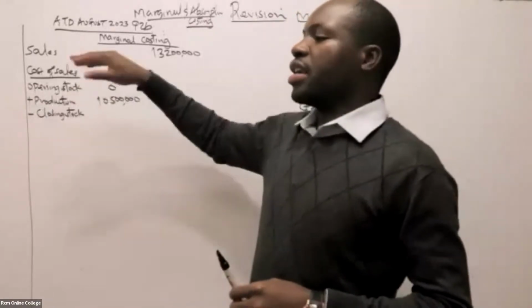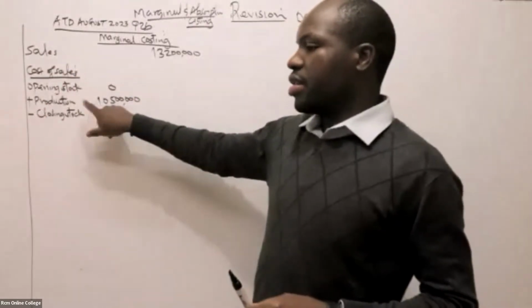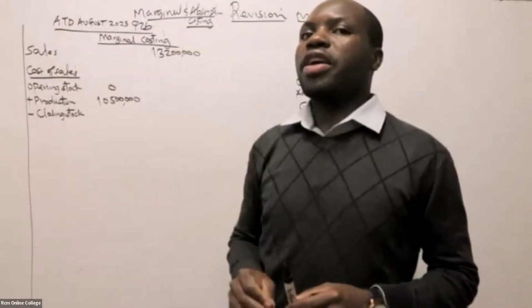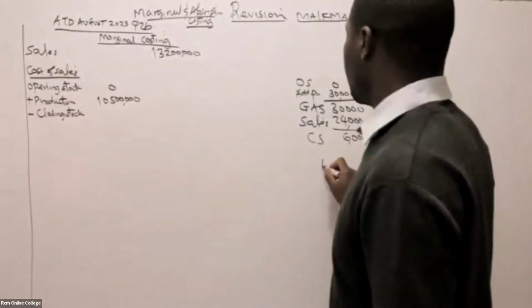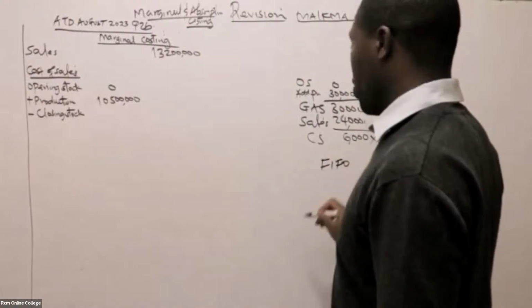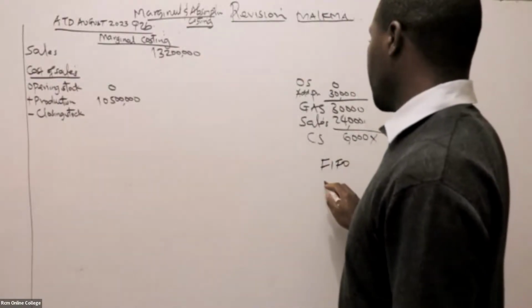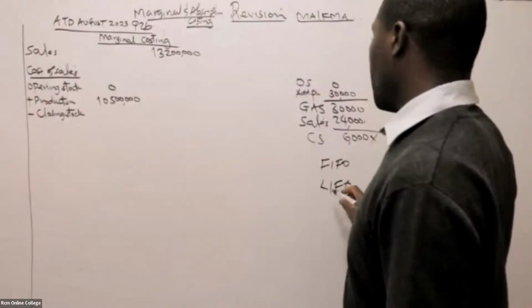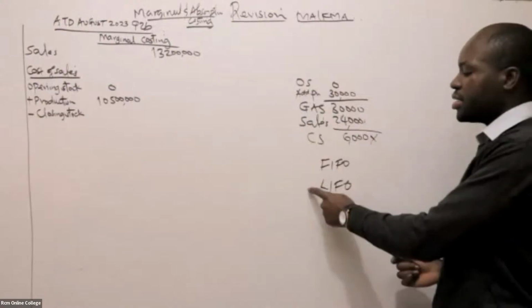Opening stock has its own cost per unit, and what was produced during this particular month has its own cost per unit. Then they tell you somewhere under additional information that the company is using the FIFO method, or try to complicate things a little bit and tell you the company is using what we call the LIFO method. Last in, first out.